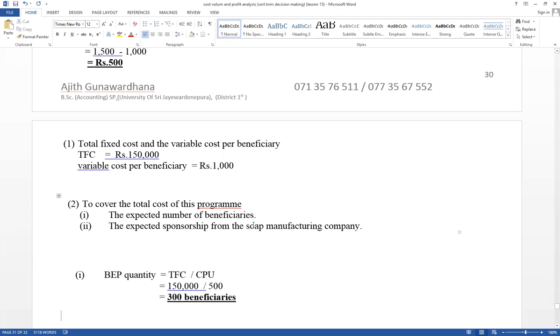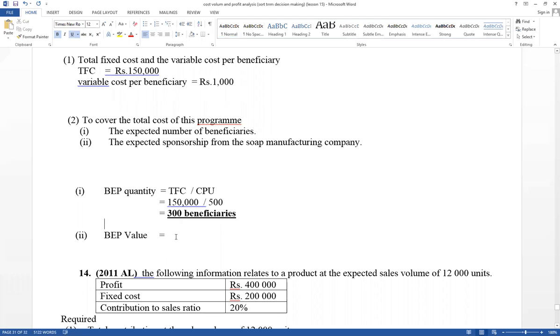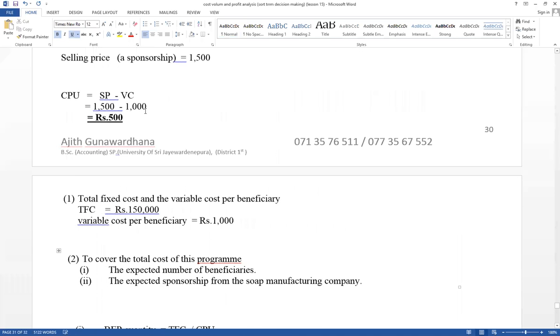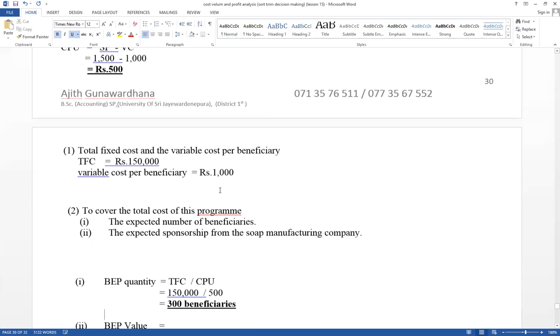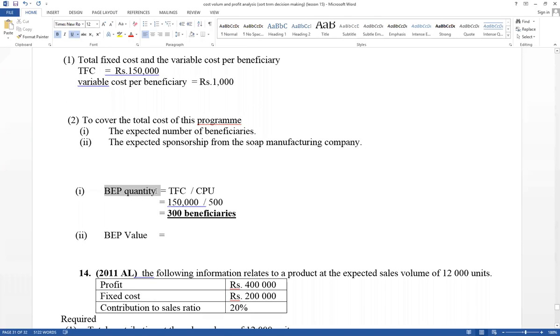And there's break-even point value also, expected sponsorships. That is a value they ask from the soft manufacturing company. Second part, they ask break-even point value, BEP value. Value can be calculated: break-even point quantity we know, into selling price. As a selling price, you have to consider sponsorships. It has given 1500. Therefore, break-even point quantity into selling price.